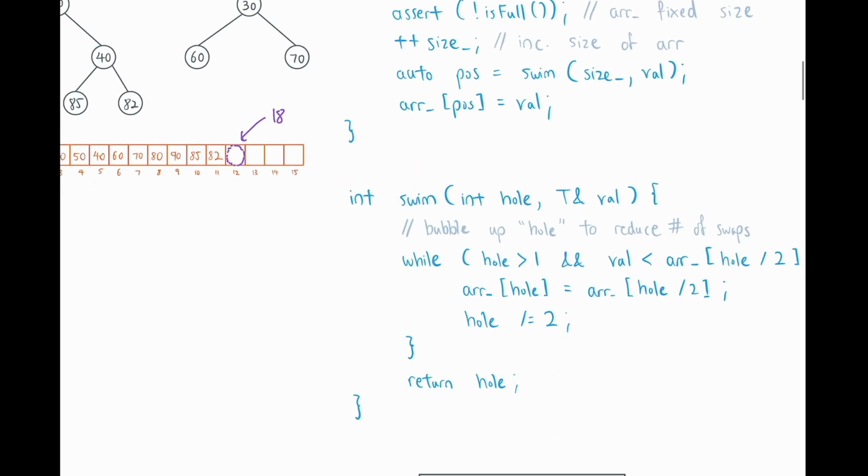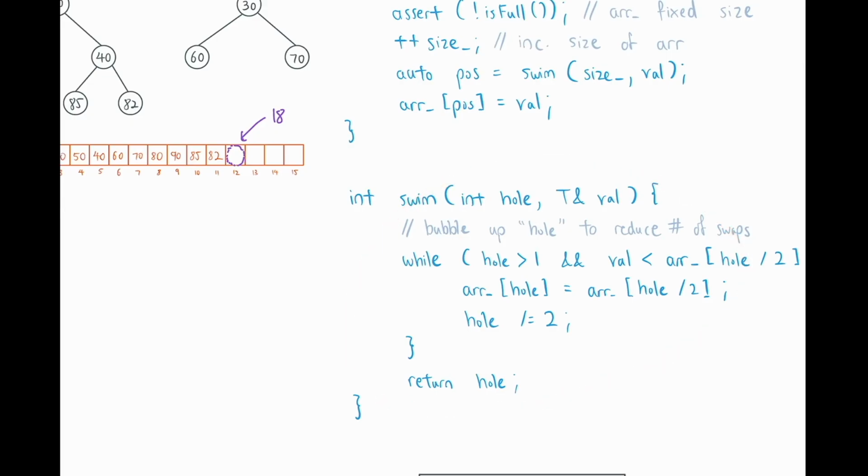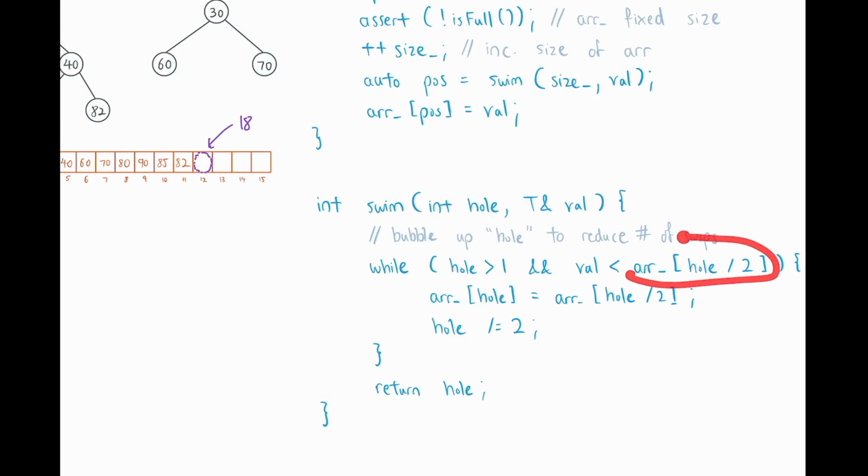Oh, sorry, we forgot to have a brief look at this swimming operation. The idea is you bubble up this particular hole that we have created here. While the hole is greater than 1 and the value is less than the parent, which we get with hole divided by 2, meaning the value that we are trying to add, which is 18, is less than the parent, we will keep swimming up.